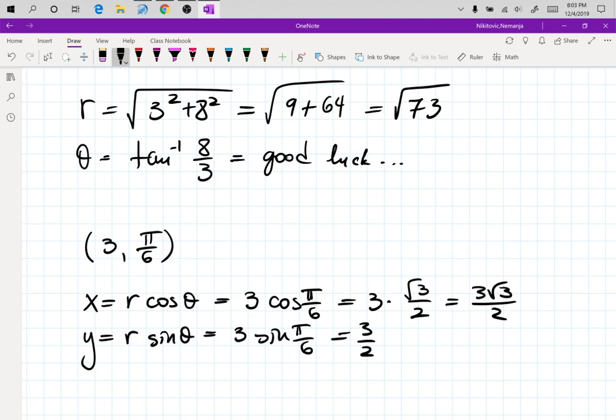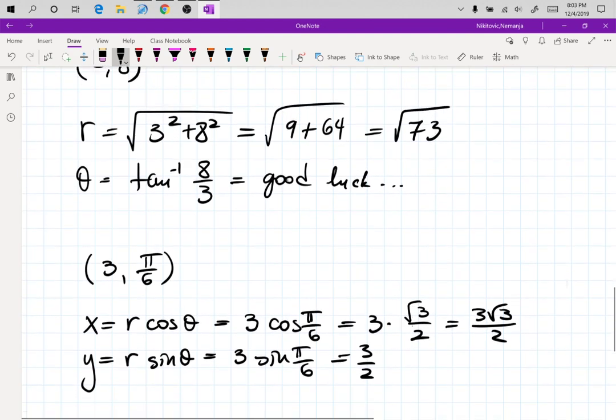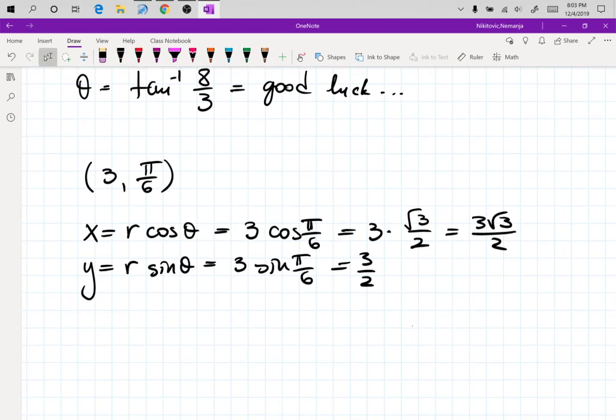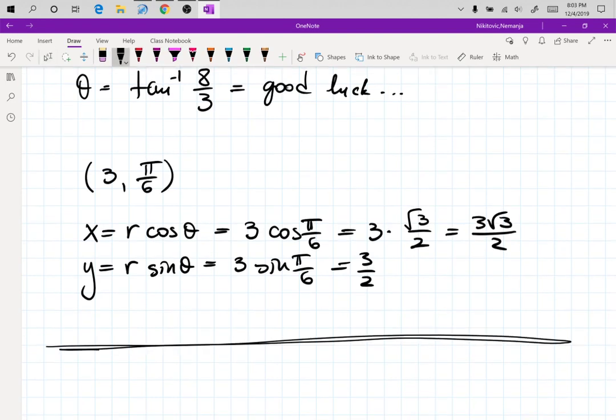So these two systems do not compete. What works great in one is not going to work nicely in the other. And they both have their domain of effectiveness, which is why it's important to know them both. It's not one of those things where you say, I know rectangular, so I don't have to bother. You actually have to bother because polar systems are going to give you polar coordinates.